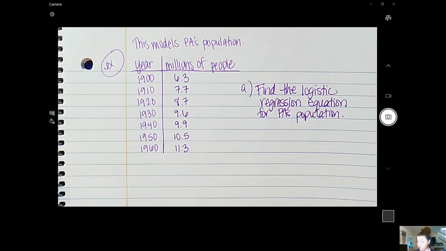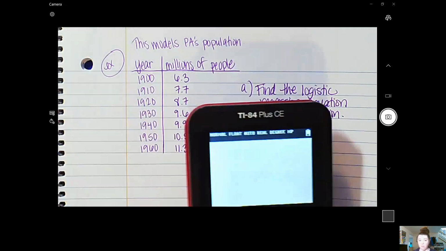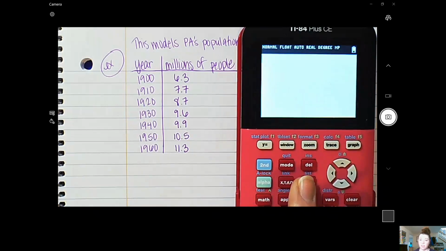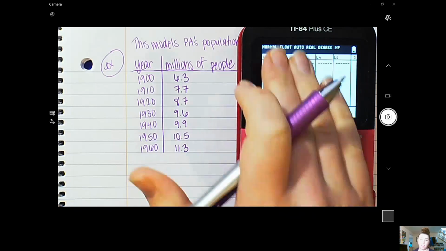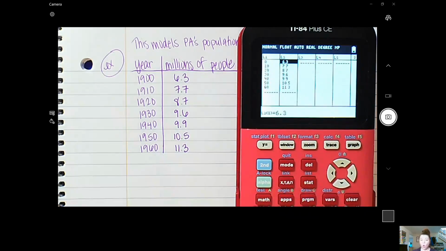As a reminder, you can type it in like in the graphing calculator. You can type it here by hitting the stat button. If you hit stat and then edit, you can type it in there, and I've already typed it in here. Or if you prefer, you can also type it in Desmos.